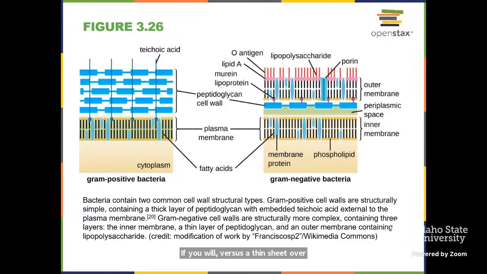There are other substances, some teichoic acids. Gram-positives have teichoic acids, gram-negatives don't. And the gram-negatives have an outer membrane that we call a lipopolysaccharide layer, this pink bit right here, well, more than just the pink bit, this bit right above it.